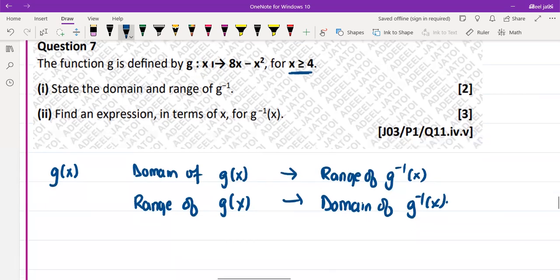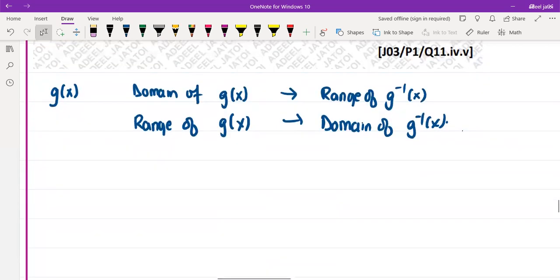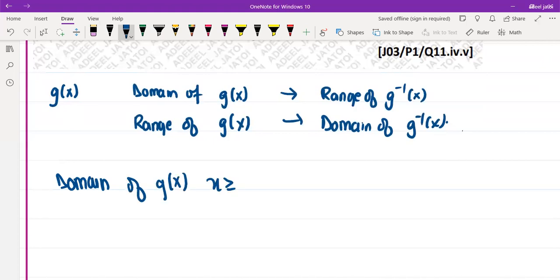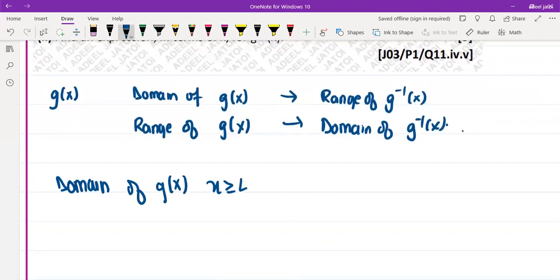So the question says state the domain and the range of g inverse of x. For that, you need to understand the domain of g(x), which is x greater than or equal to 4.